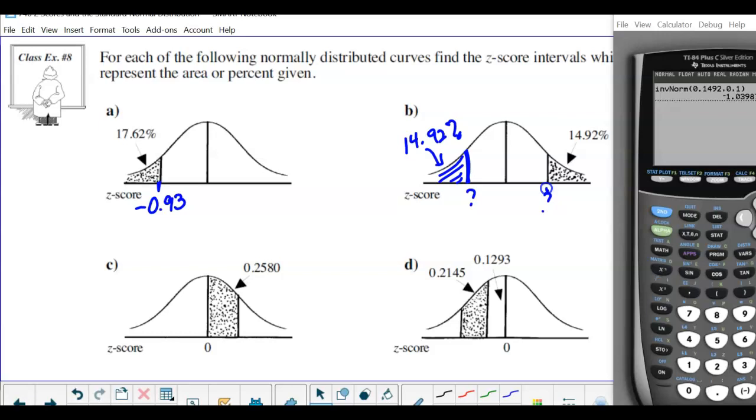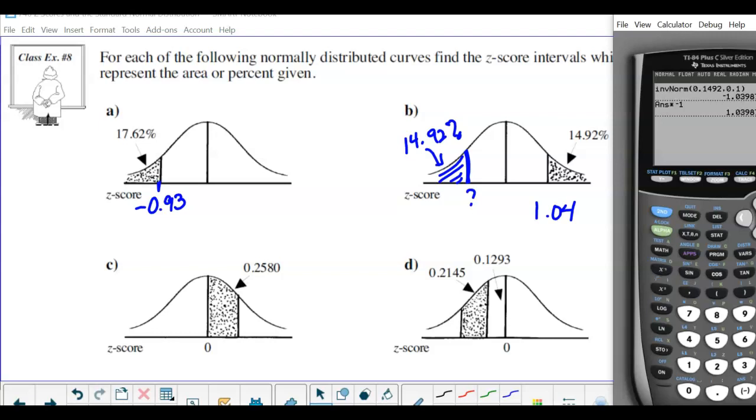So what the calculator gave me is this one, so I just have to change the sign. This z-score that I'm looking for will be positive. You can multiply this by negative 1 if you really need to do that in the calculator.